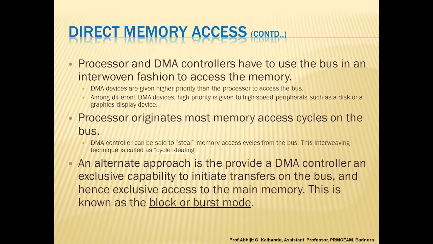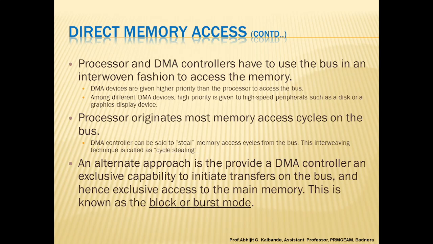Normally, an arbitration priority system is implemented for gaining access to the bus, and memory accesses by the processor and the DMA controller are interwoven, with top priority given to DMA transfers involving synchronous and high-speed peripherals such as a disk or a tape drive.